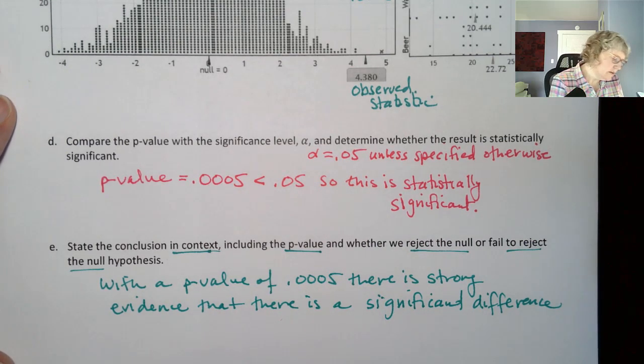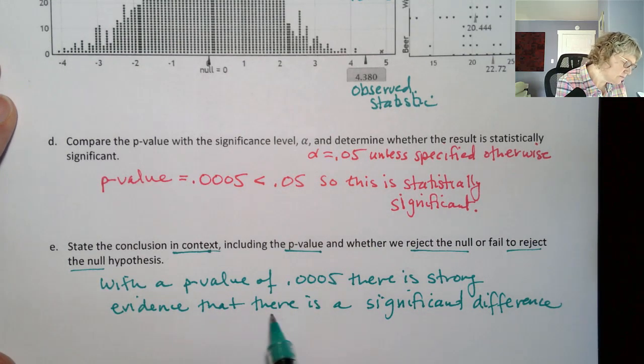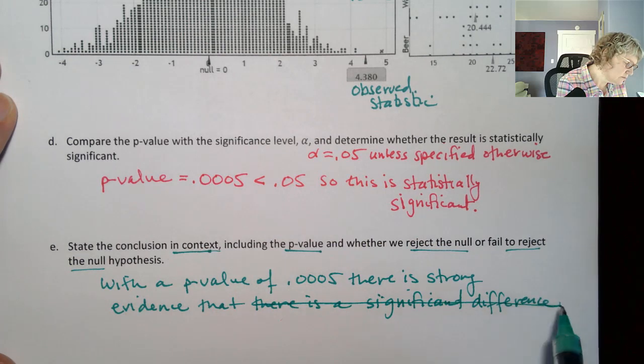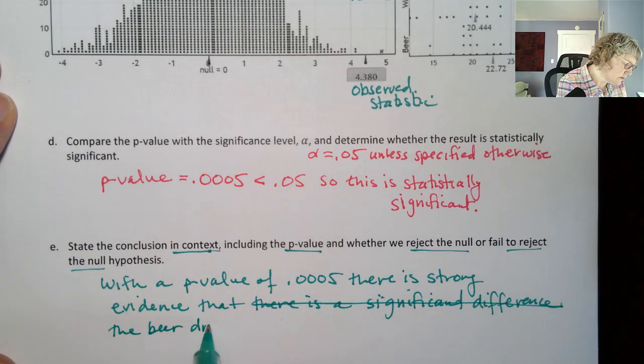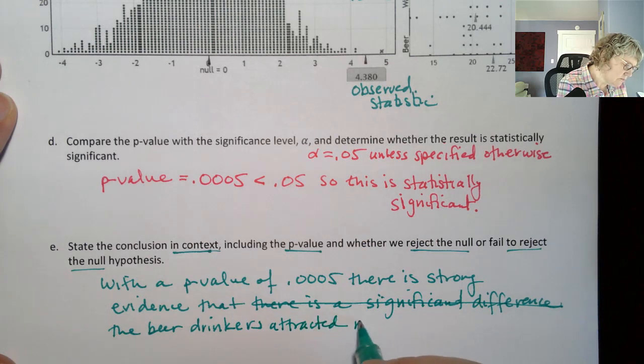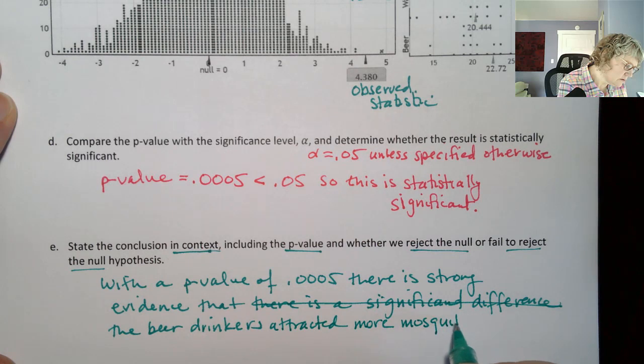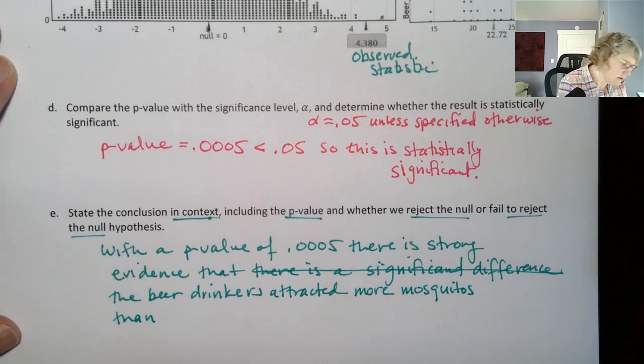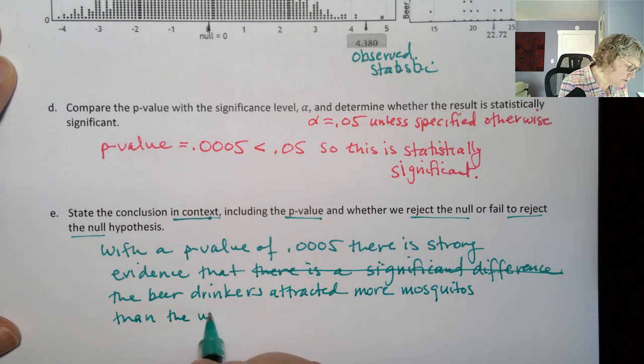There's strong evidence that the beer drinkers attracted more mosquitoes than the water drinkers.